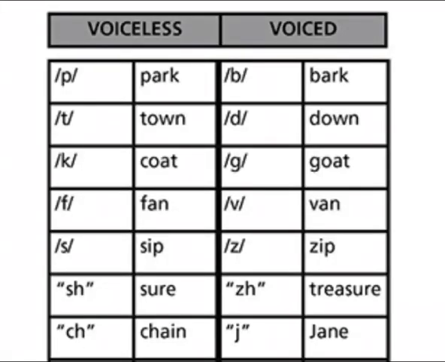For example, the consonants p, t and k, that is pen, kin, then tin. These are all voiceless sounds. Then b, d and g: ball, doll and girl.